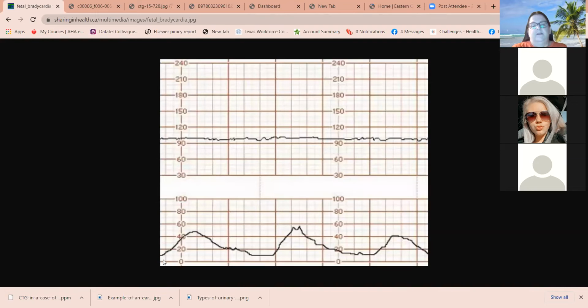All right, contractions. Frequency of contractions on this strip. Okay, probably 1 to 2. 1, 2. 1, 2.